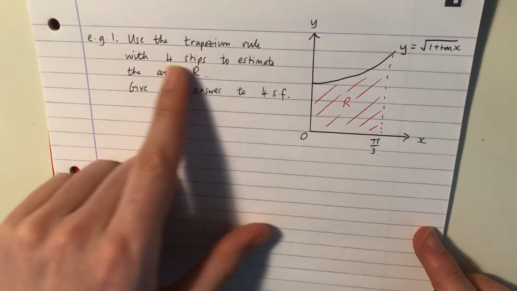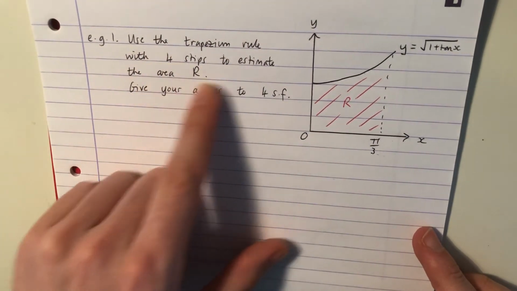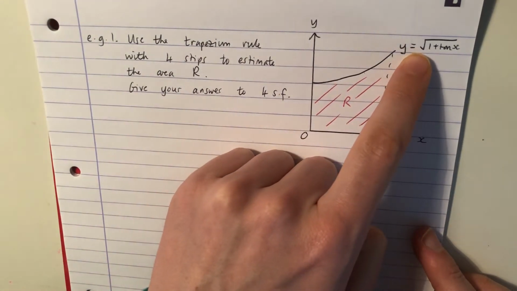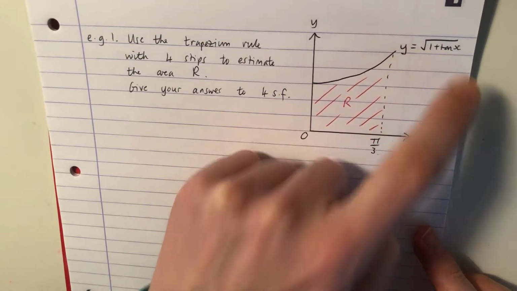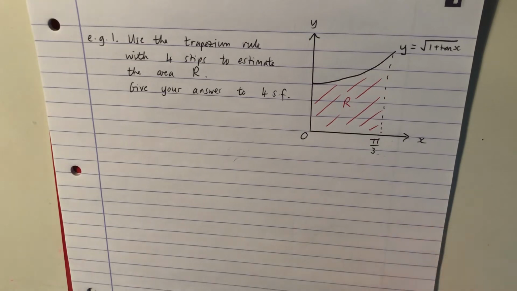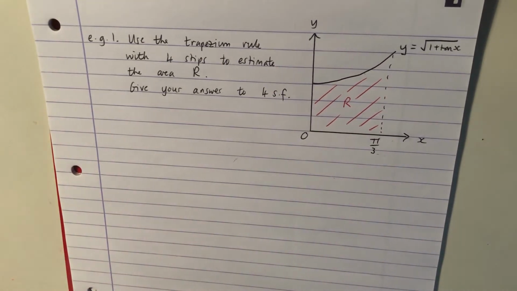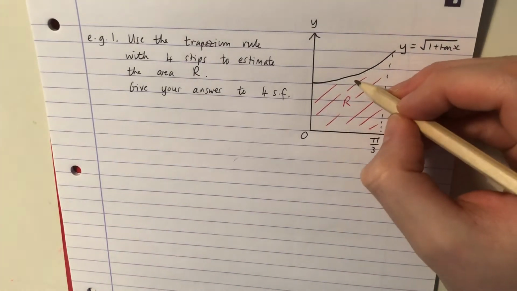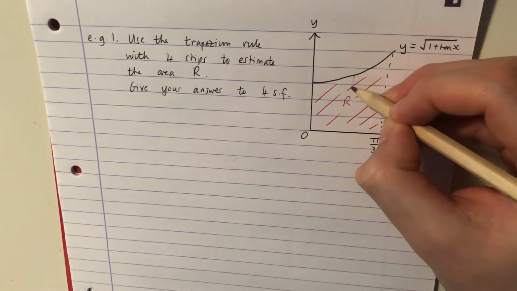We're going to use the trapezium rule with 4 strips to estimate the area I've labelled R, and the curve we've got is y is equal to the square root of 1 plus tan x. So, okay, let's split this up then into the 4 different strips.